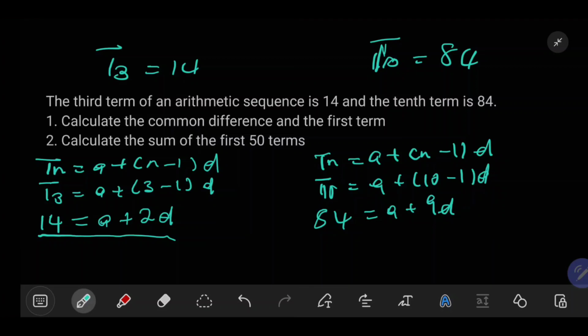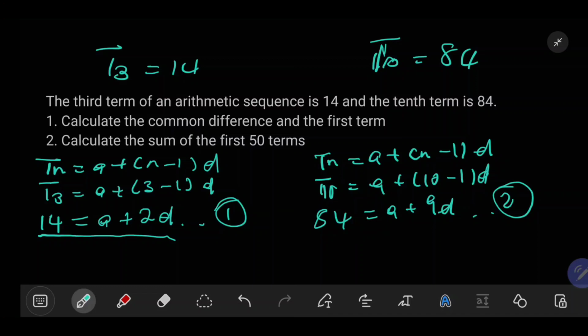So you are having two equations, equation 1 and equation 2. Then we can use simultaneous equations to solve for d, which is our common difference. And if we find d, we can find a.